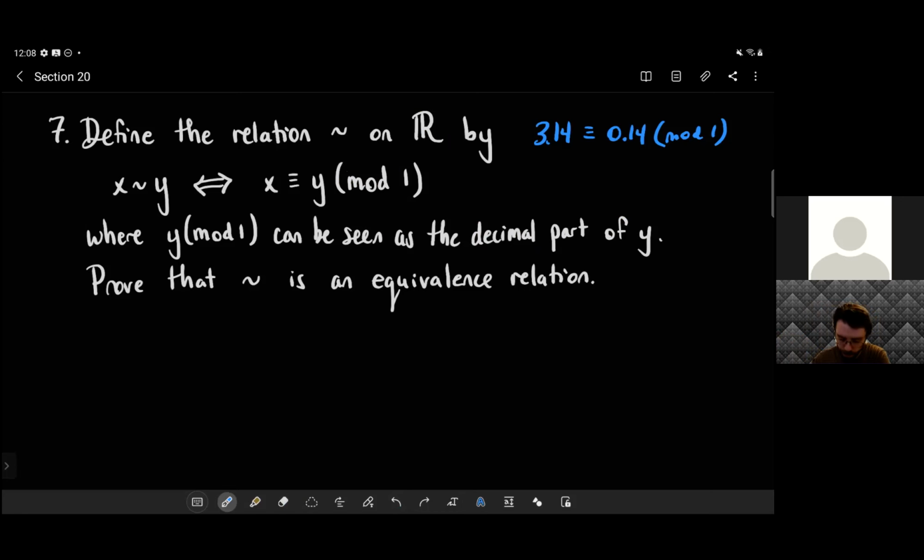So let's see, prove it's an equivalence relation. 1, we need reflexivity. I hate when my eraser activates itself accidentally.